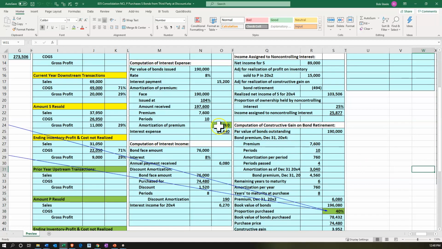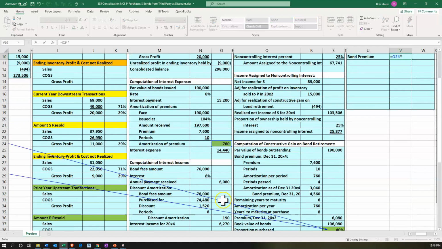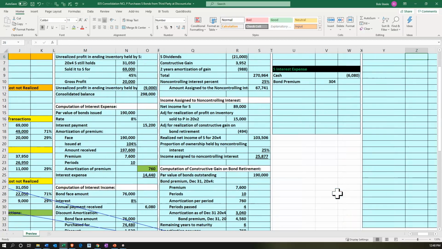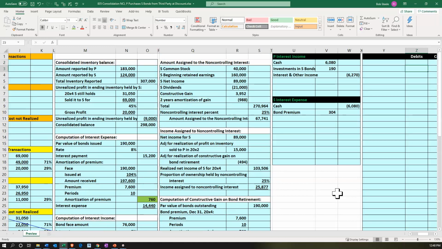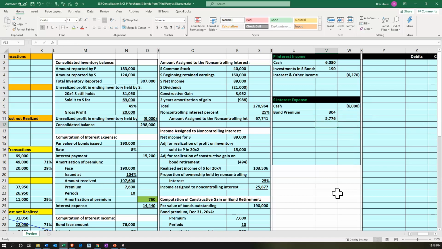So of the total premium, 40% is going to have a problem with this intercompany issue. So I'm going to say 760 times the 40%, and there we have it, the 304. Again, very disturbing that these two don't mirror exactly, but that's the nature of this because of that third party transaction.